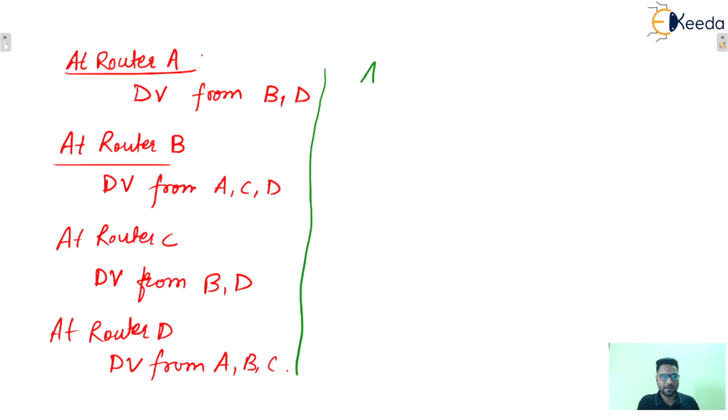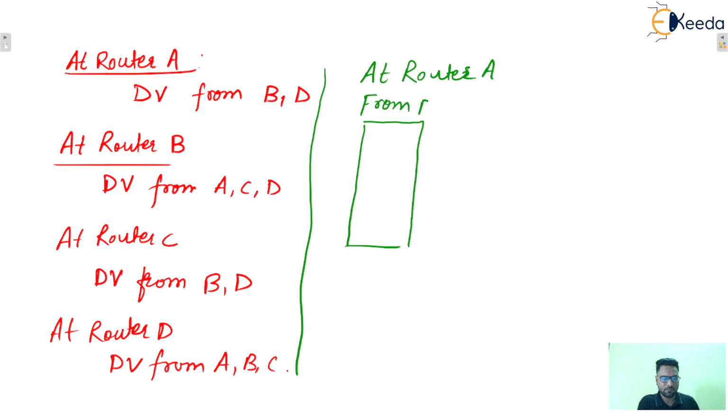At router A, the distance vector from B will be received, that is 2, 0, 3, 7.